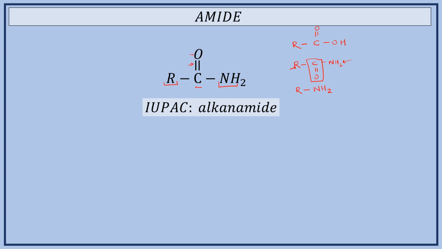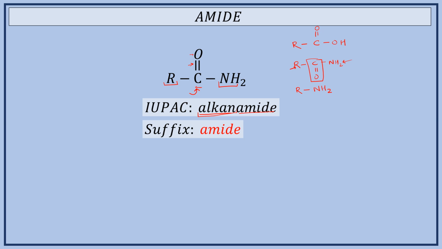We name it as alkane amide, where alkane represents the carbon chain present in the molecule, including the carbon of the functional group. We use the suffix amide to indicate that this molecule is indeed an amide.